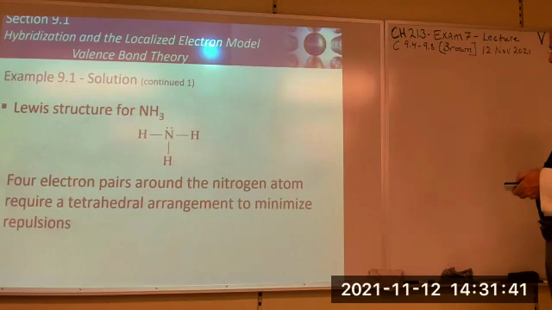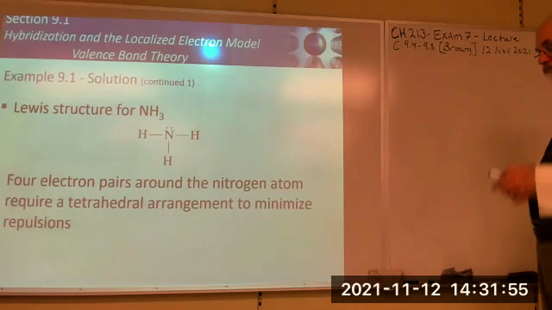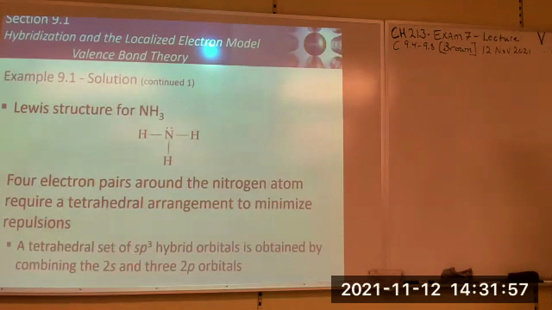With 2, 4, 6 electrons, or 3 pairs involved in bonding and one lone pair. And that minimizes repulsion. Everything we understand up to this point.